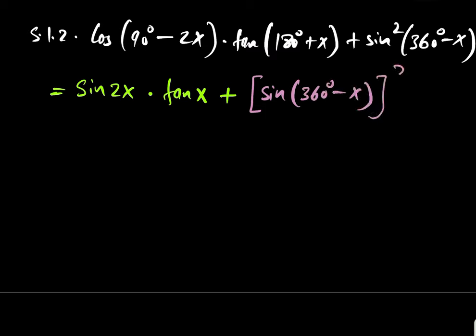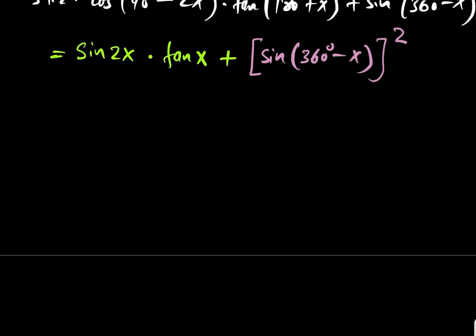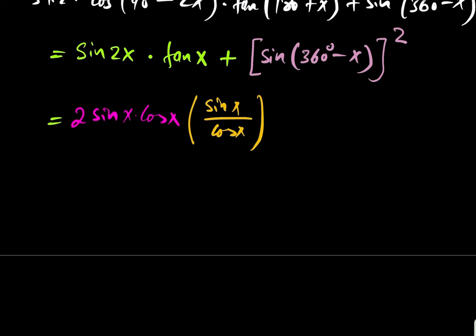You close that and then you put a square there. All right, and then now this is going to give you the identity there. You must change that to be 2 sine x times a cos of x, and you must also change that to be sine x over cos x, just like that.